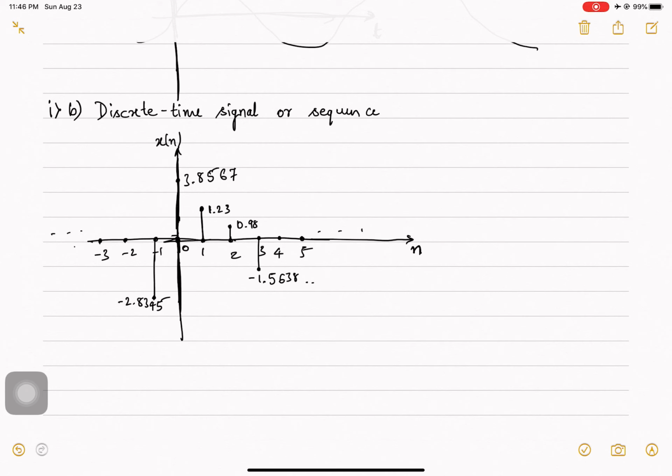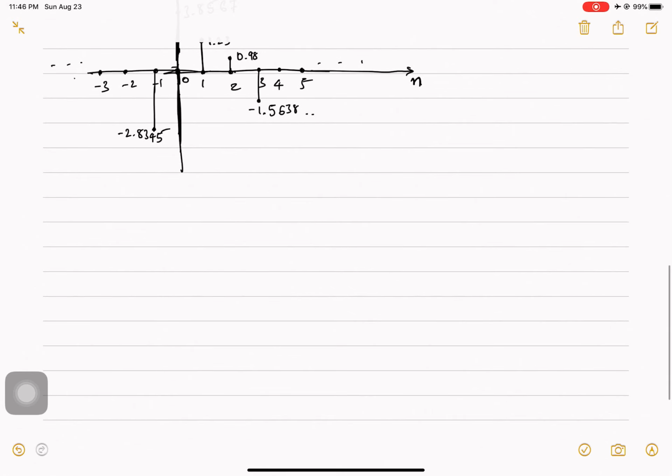So these two are the types of analog signals. And the second one is nothing but a digital sequence or a digital signal.